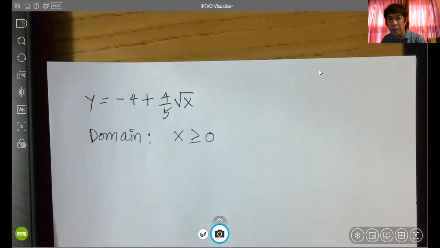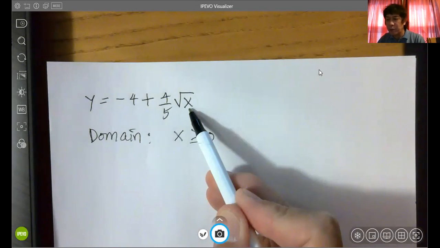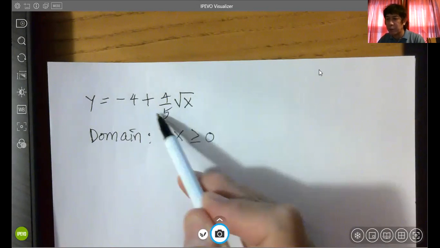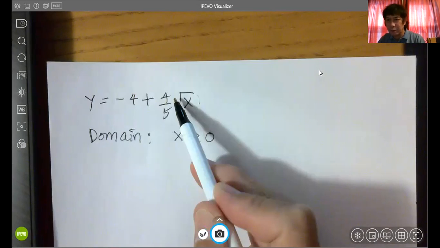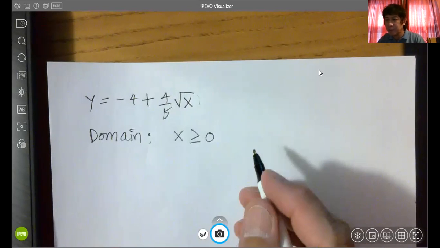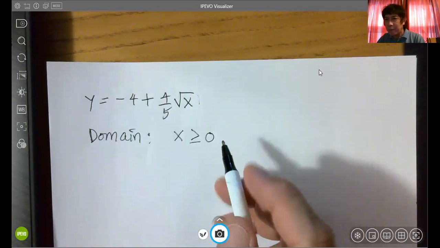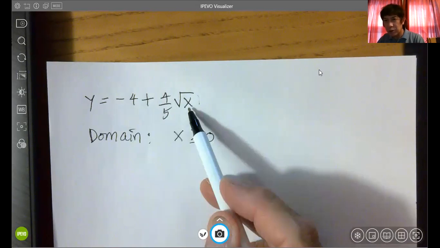So when x is 0, 4/5 times 0 gives this entire term 0 value. So 0 plus -4, the value of y is -4. That will be the starting value. So y starts with -4 when x is 0.